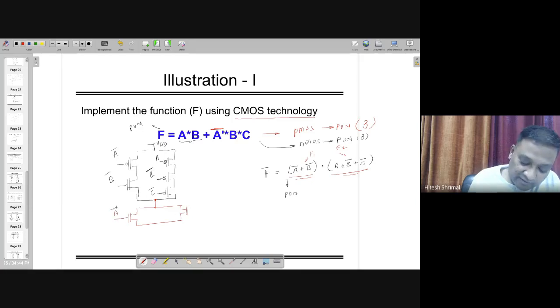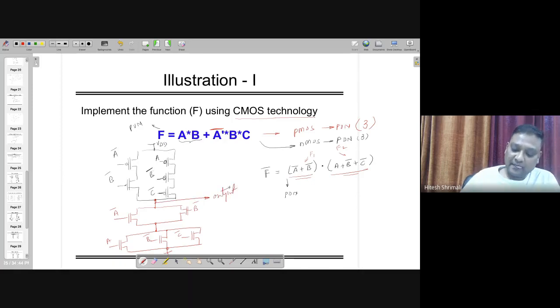If I give A bar over here, B bar, that is going to implement F1, and another function which is going to have three transistors in parallel. So you need A, B bar and C bar, which is connected to ground, and this is the output, right? So that is how you can implement any function which is given to you.